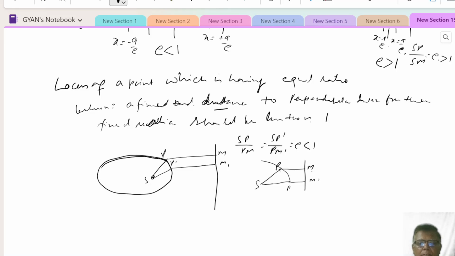So this curve will be like this, and here also we'll have the same thing. Here this is S dash.